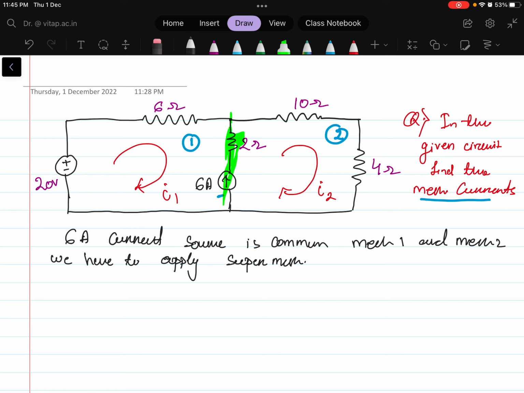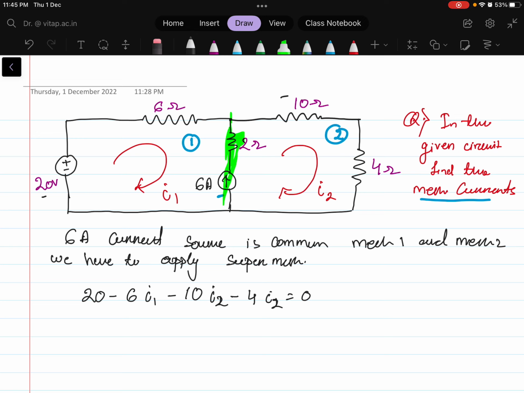If I write the equation here, 20 volt is there, so I will write 20 minus 6 into I1, because I1 is flowing there, minus 10 into I2 minus 4 into I2 is equal to 0. Sorry, 4 into I2 and 10 into I2, not I1, is equal to 0.